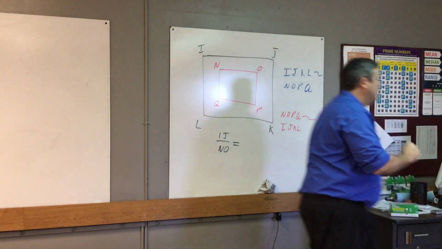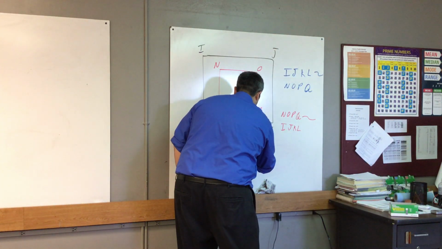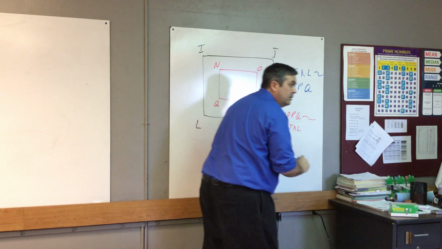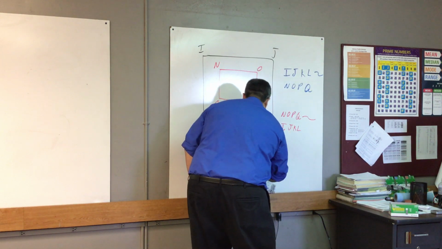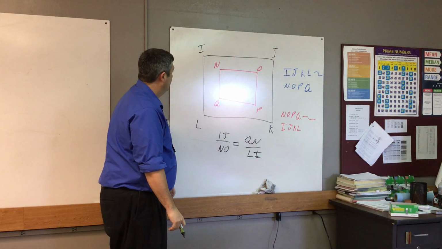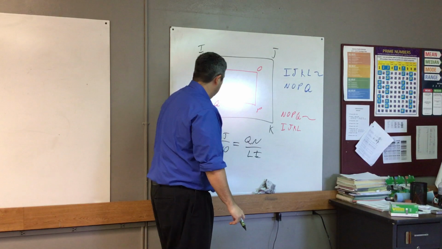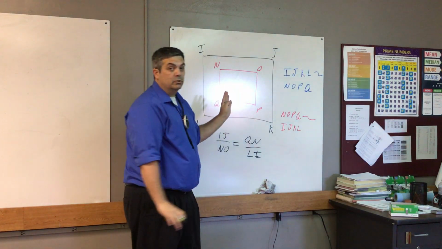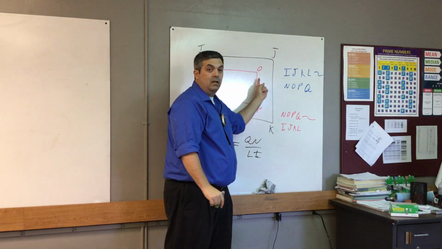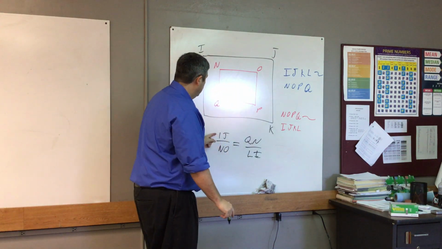Yeah, QN over LI. All right, so let's take a look at this. IJ over NO. That looks good, right? This line over this line. That looks good. IJ over NO.